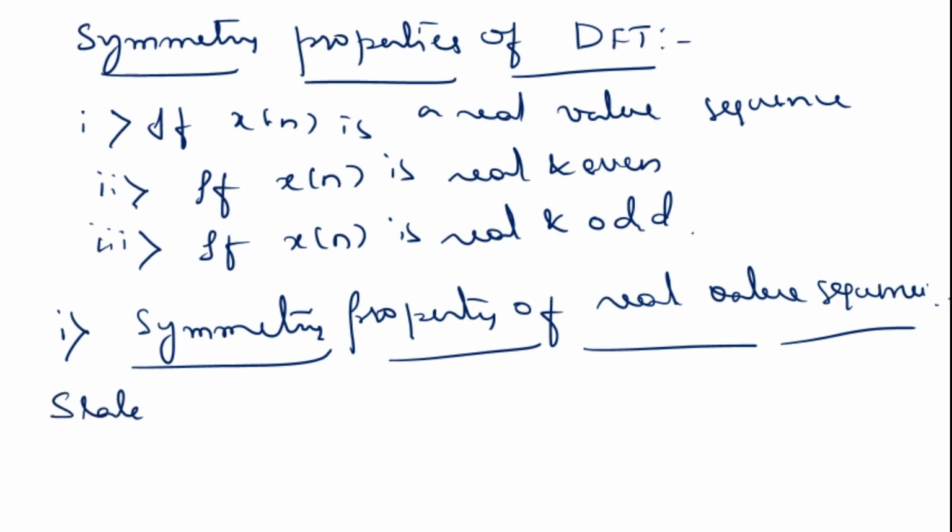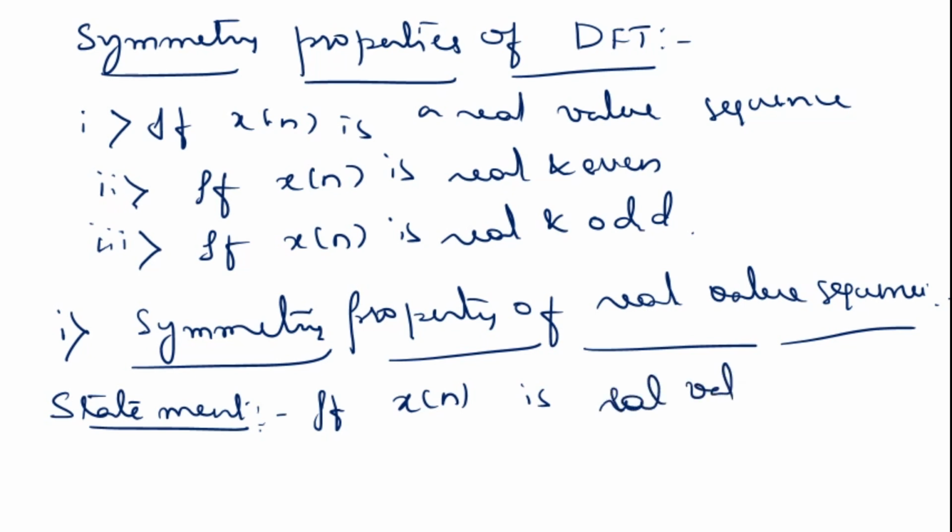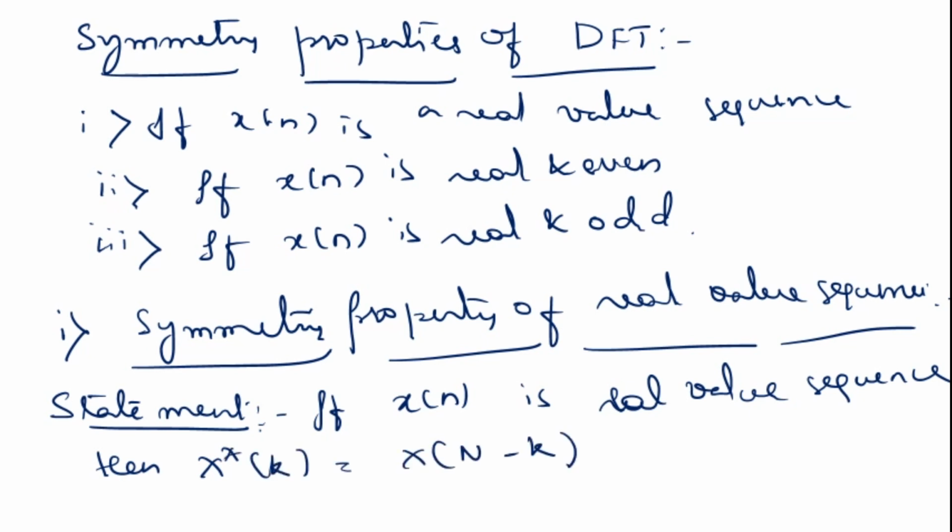Statement for this: if x of n is a real value sequence, then x star of k is equal to x of n minus k.